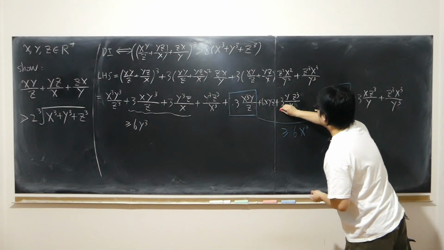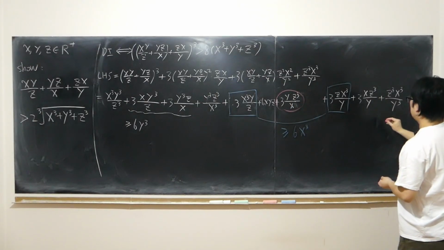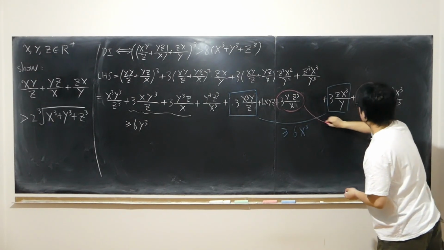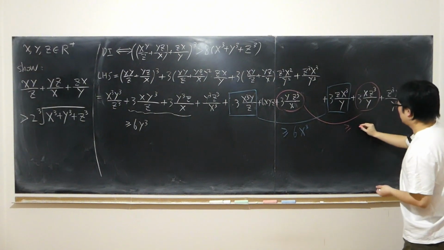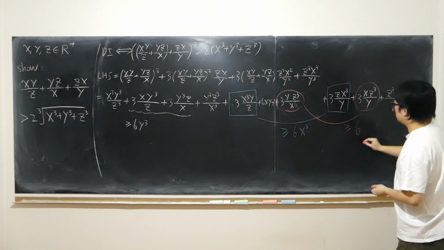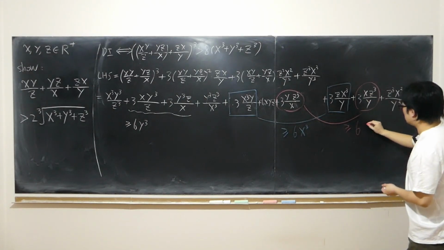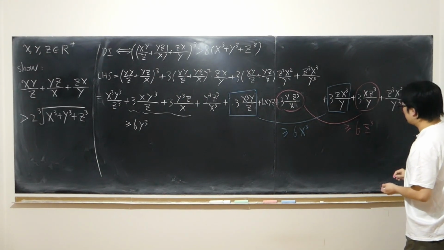Likewise, this term and this term are greater than 6 times, y cancels, x cancels, only left with z, so z cubed.